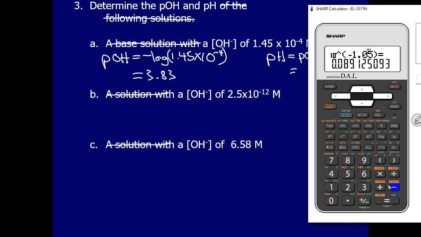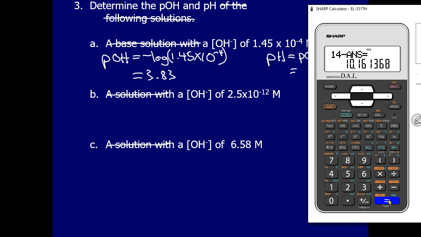So if I did this calculation, negative log, looks like I'm going to show Clarissa how to do it, 1.45 exp negative 4 equals, there's the answer I just wrote down. Now I'm going to go 14 minus, I'm going to use the answer function, and I'm going to press equals, and I'm going to have the pH.